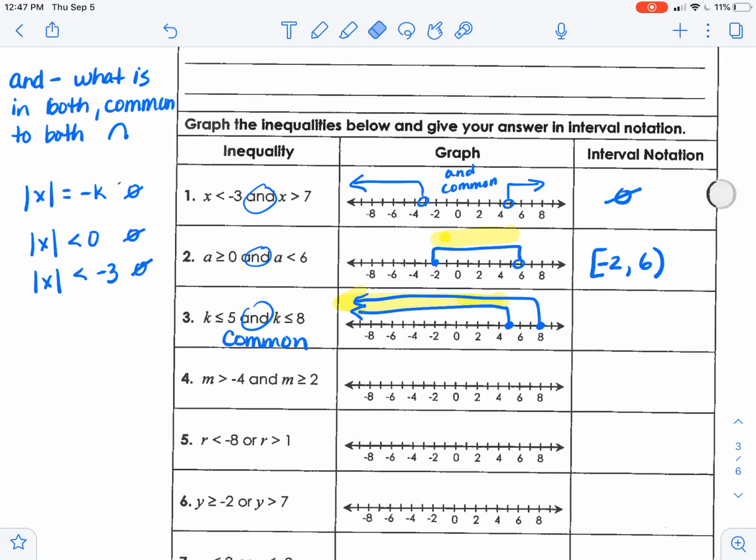Technically the only thing that is a part of the answer is everything less than or equal to 5. Do you see that? So from here on is what they have in common. So I'm actually just going to take off this graph, because all they have in common is from 5 to negative infinity. Okay?